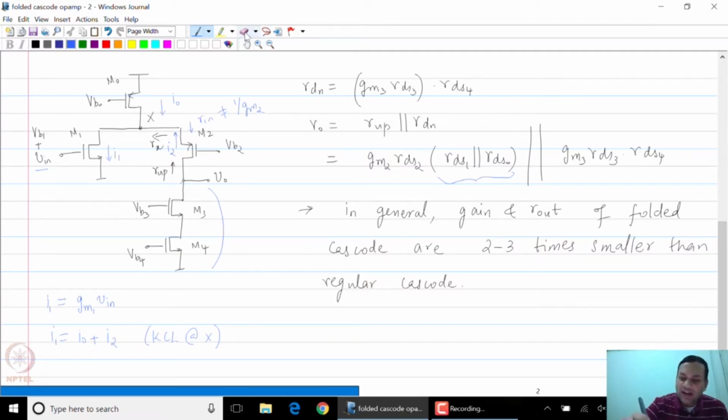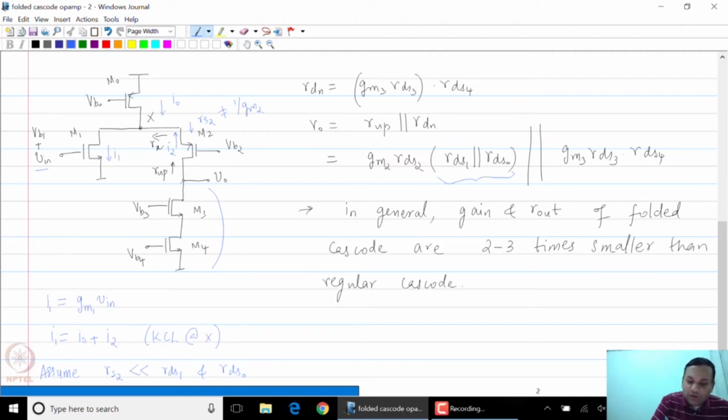I am going to call that RS2 so that we distinguish it. So we will assume that RS2 is designed to be much smaller than RDS1 and RDS0.